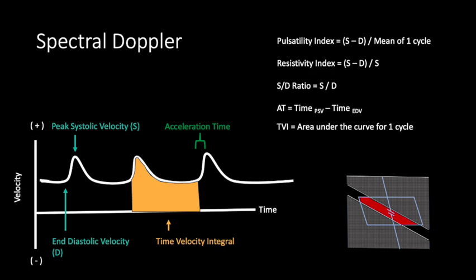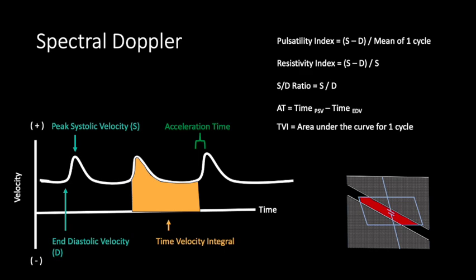Quantitative assessment of spectral Doppler involves recognizing a few key points, namely our peak systolic velocity, or S, and our end diastolic velocity, or D. The time it takes for the systolic upstroke to reach peak systolic velocity is called the acceleration time, and if stretched out or prolonged, this is a way to quantify our prolonged upstroke.